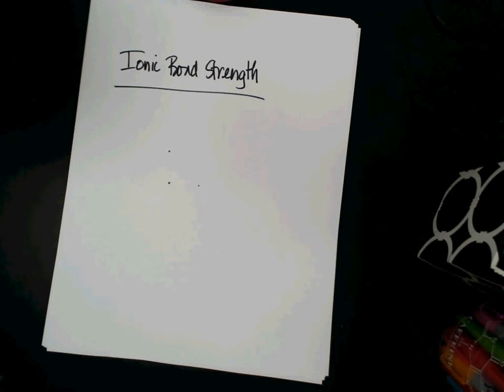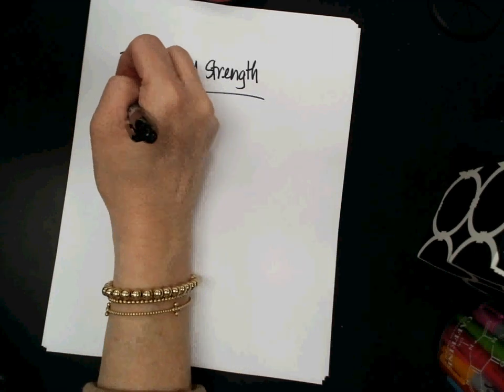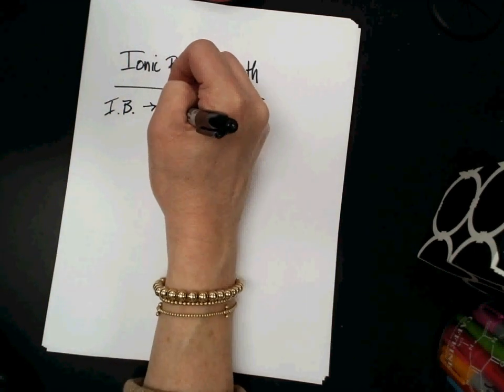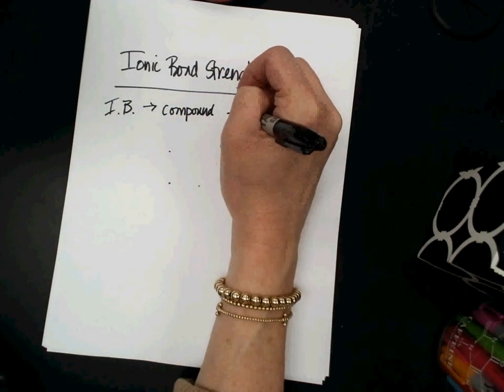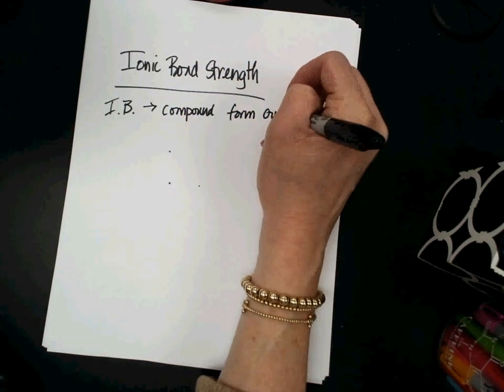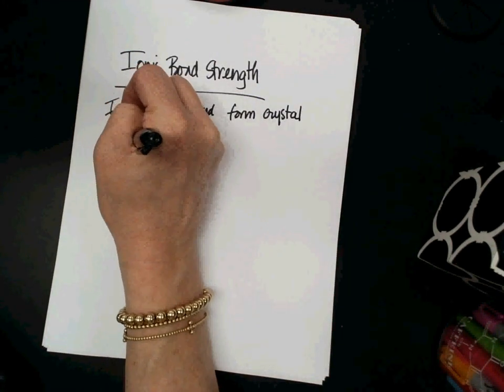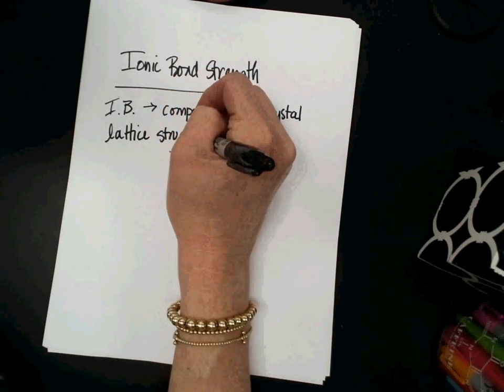What's their structure like? You even looked at it in lab. Crystalline. Okay. So we can say ionic compounds form what we called a crystal lattice structure.